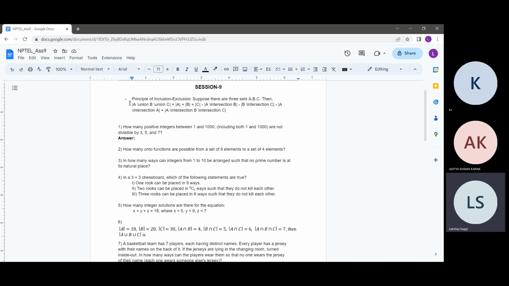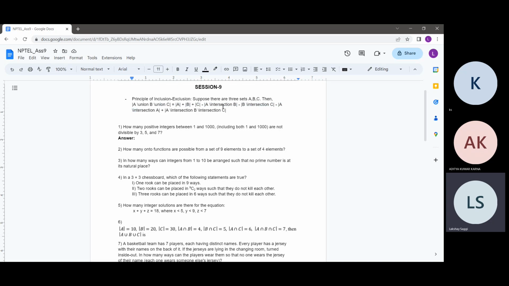So this is the principle of inclusion exclusion. For three sets it's this, and you can generalize it for n sets also. What it says is that the union of A, B, and C is the number of elements of A plus B plus C. Now, what elements have we double counted? The elements in A intersection B, B intersection C, and C intersection A. So we subtract them.